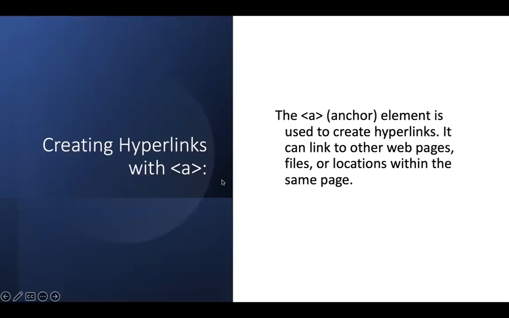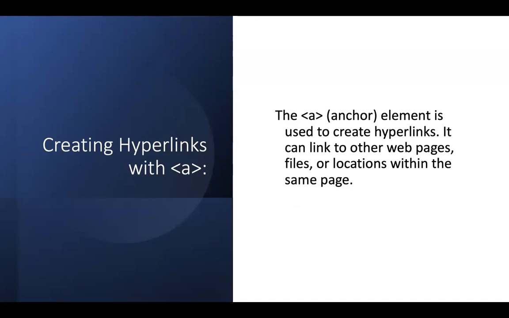Then for the hyperlinks, we already used it, the anchor tag, a element, to create hyperlinks. It can link to other web pages or a file or a location within the same page. So simply you can go through with it. Okay. We used the link tag to give the relationship between that CSS file and the HTML.